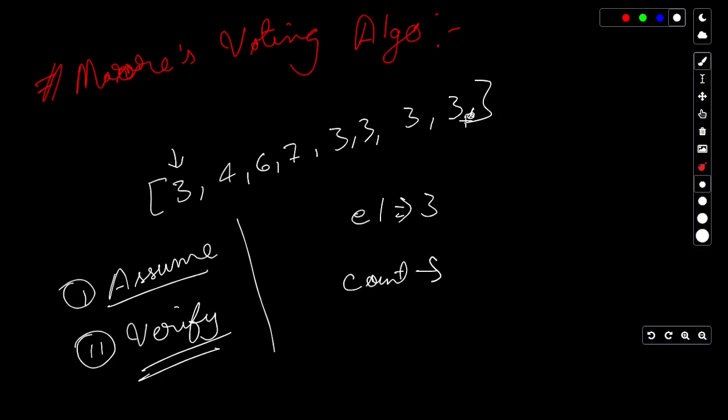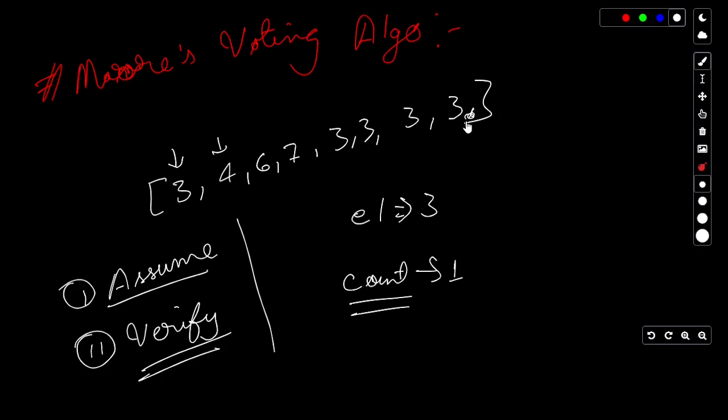The number of times 3 appears is initially 1. Now we will go forward. We will see 4, another number coming. There are certain conditions for count. If another number comes, we will just subtract 1 from the count, and then we will get 0.